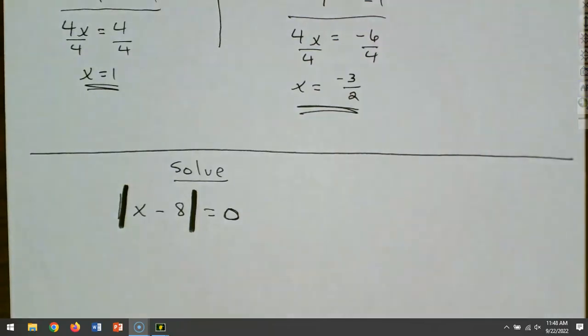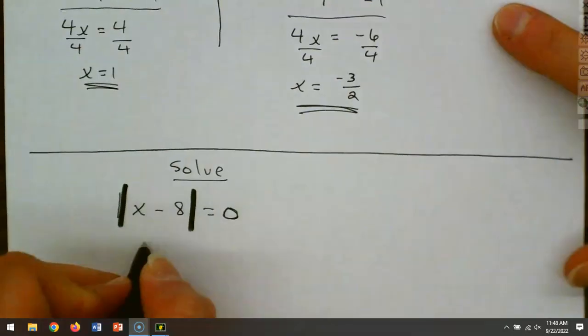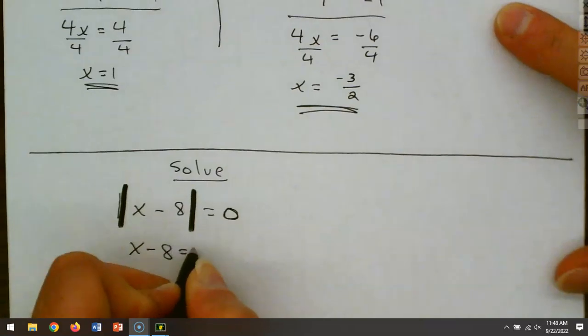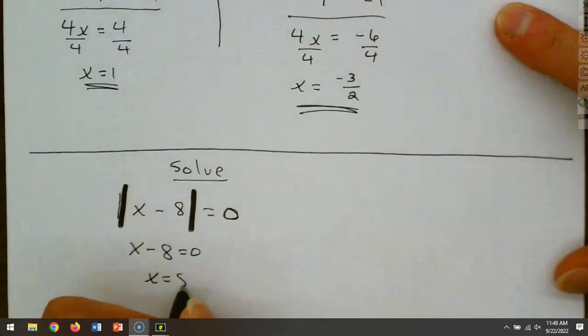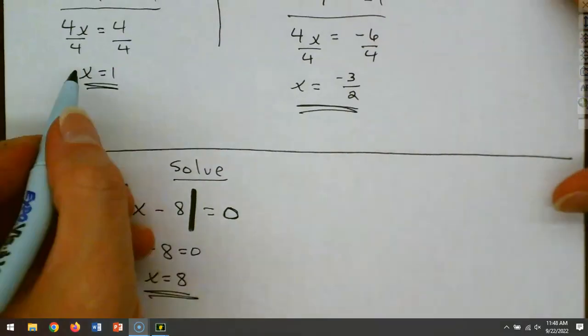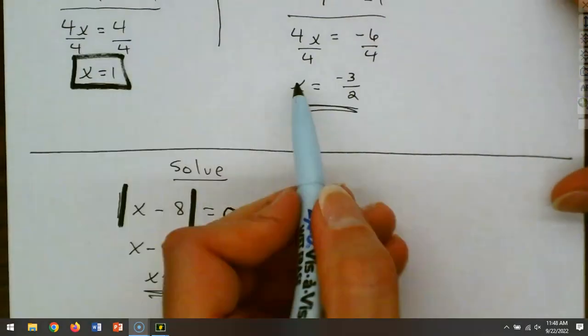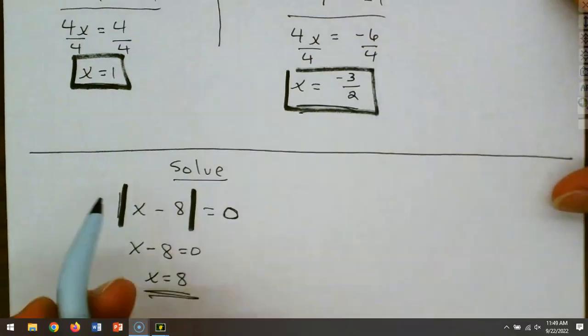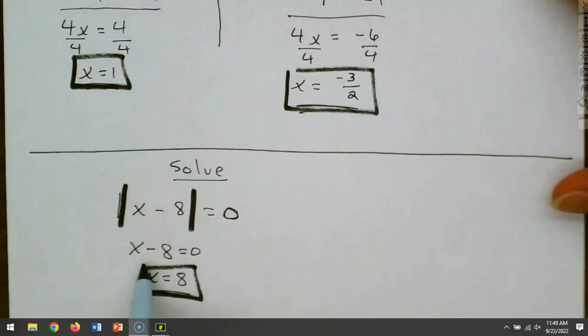So we're only going to get one solution. And that would simply be x minus 8 equals 0, which is then x equals 8. And we only get one solution, right? Why? Because 0 does not have a sign. Normally we get 2, but this one doesn't because 0 doesn't have a sign with it at all.